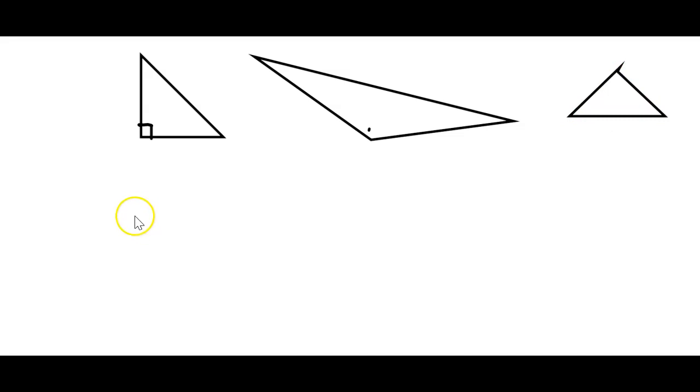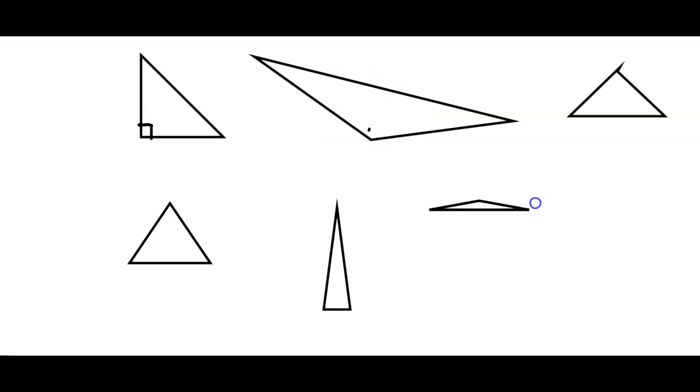You can classify them by the sides, where you have an equilateral triangle where all three sides are congruent. Let's see if we can draw one of those. You can have an isosceles triangle where two or more sides are congruent. And then you can have what we call a scalene triangle, like this one right here. Well, that's close to isosceles. Let's draw a scalene triangle.